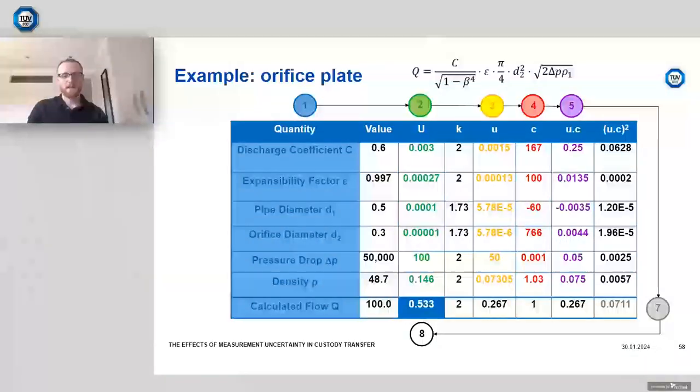Pipe diameter and orifice diameter, these are divided by 1.73, which is root 3. And the reason for this is that, particularly pipe diameter and orifice diameter, these will be manufactured to a tolerance. So if they're within that tolerance, they will essentially be accepted.